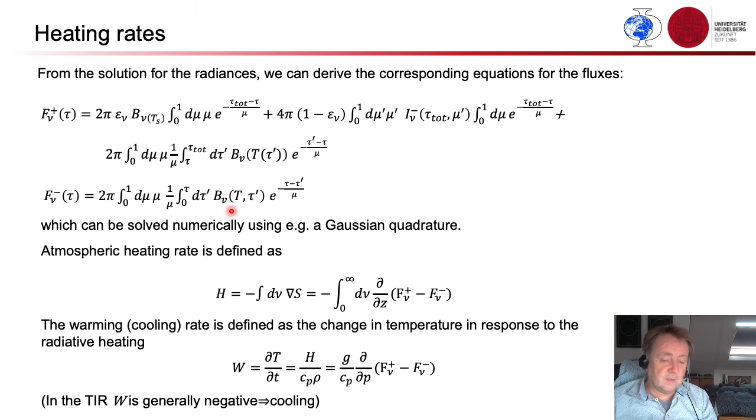Having these fluxes at each level in the atmosphere, you can calculate the heating rate. The heating rate was defined by the integral over all frequency of the divergence of the Poynting vector. You remember that.